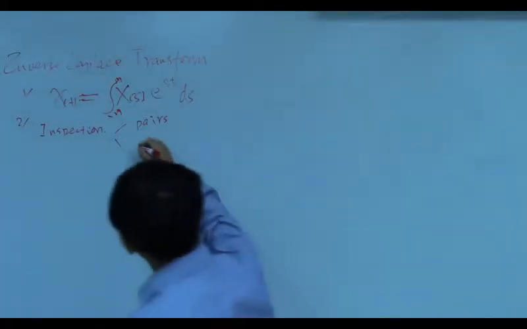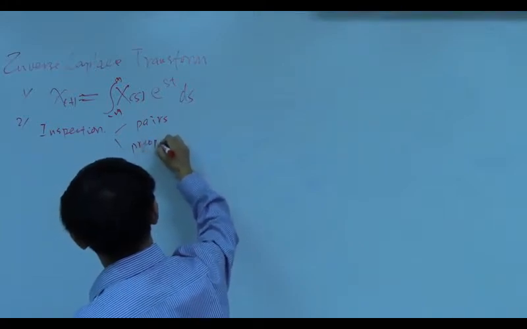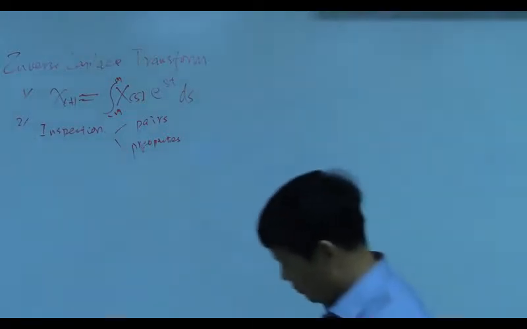And also, we need to know the properties, like multiply by exponent in the time domain, differentiation, integration, multiply by t, or the power of t. All these properties will be used in this method.